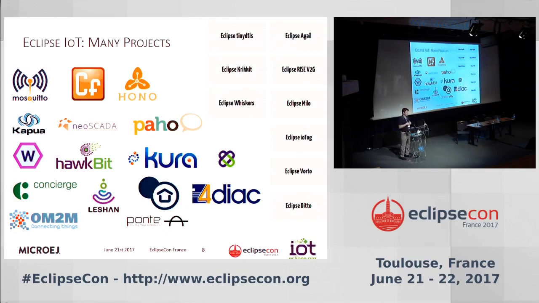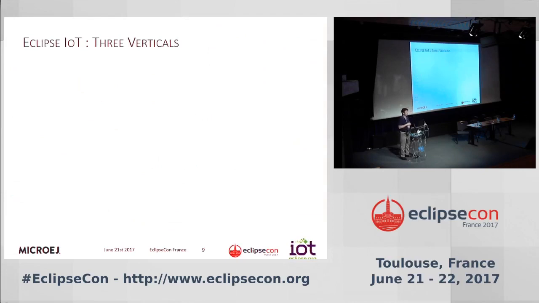It can be too much to swallow in the first place, but there are a lot of areas that are covered by those technologies. And that's why in late 2016, the Eclipse IoT Working Group issued a white paper trying to segment the verticals of the IoT, to clarify which project goes into which area of the IoT.